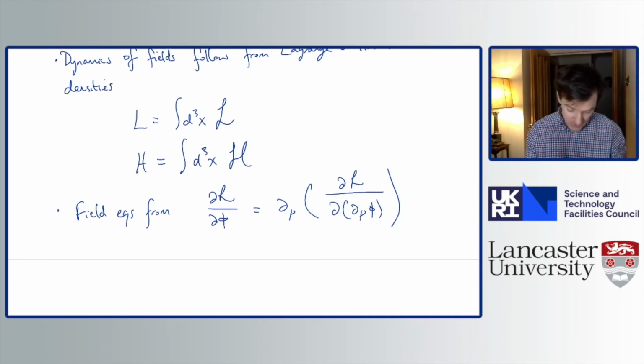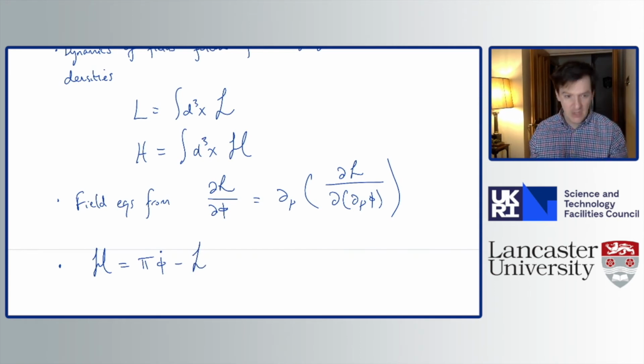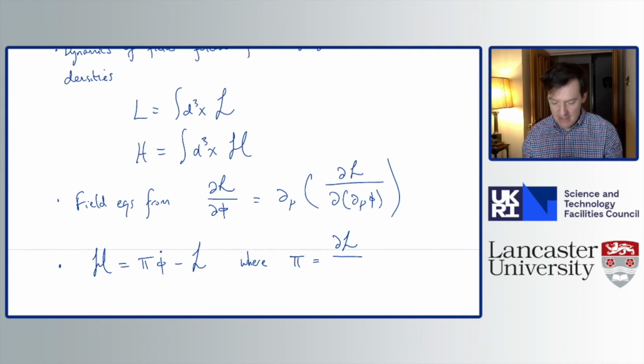Often we start by writing down the Lagrange density, but it's straightforward to get the Hamiltonian density using this expression: pi times phi dot minus curly L. Here this pi is the conjugate momentum density, which is curly L differentiated with respect to the time derivative of phi.